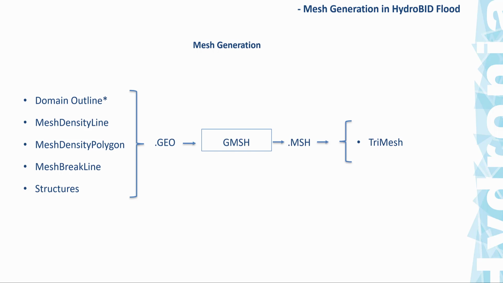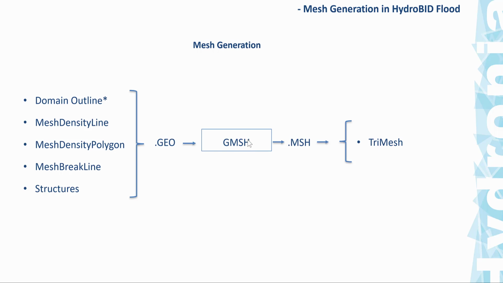Now we have seen the mesh generation based on the information that you have on the layers: domain outline, mesh density line, mesh density polygon, mesh break line, and the structures. Using that information, the hydroBID flood plugin creates a .geo file. That geo file is the native format for data in the GMSH program.